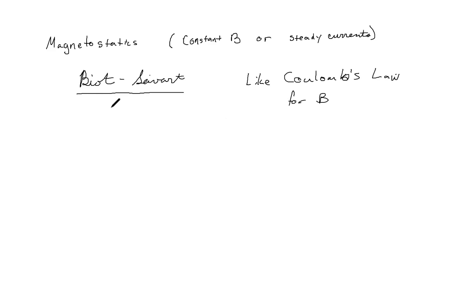So here's the thing. This is an experimental fact. You can't derive this. You just have to do experiments to find this. And what you find is the following: if you have a wire carrying a current, you will find that there are magnetic field lines which encircle the wire.